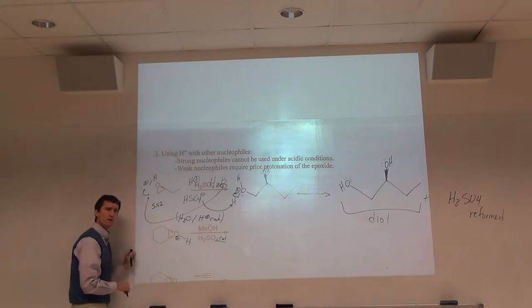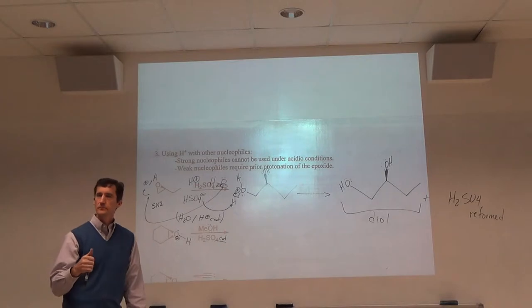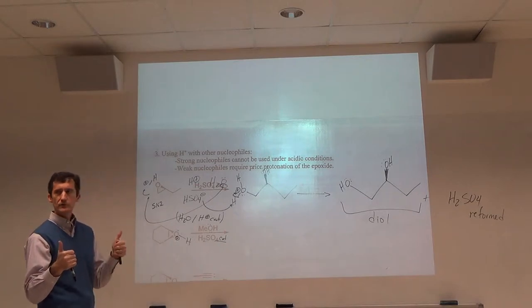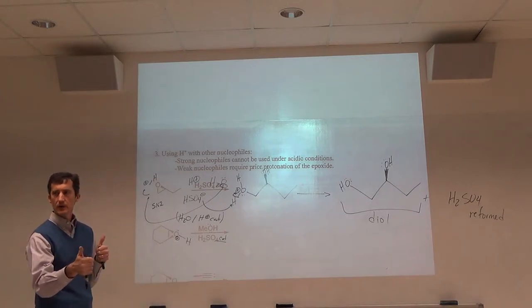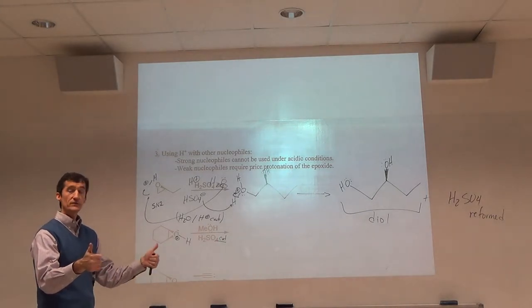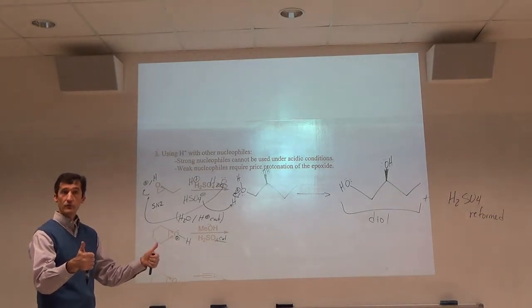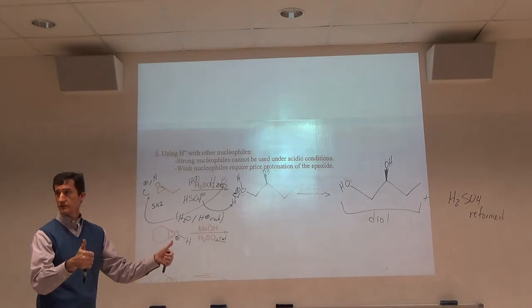Hey, did y'all realize this? You can either do SN1 or SN2. We know SN2 gives inversion, always. SN1 gives inversion with epoxides, so that means everything you do is going to give inversion.